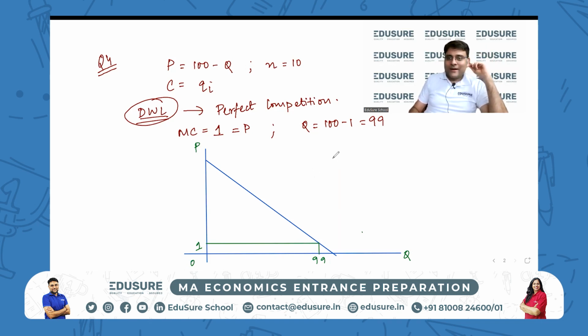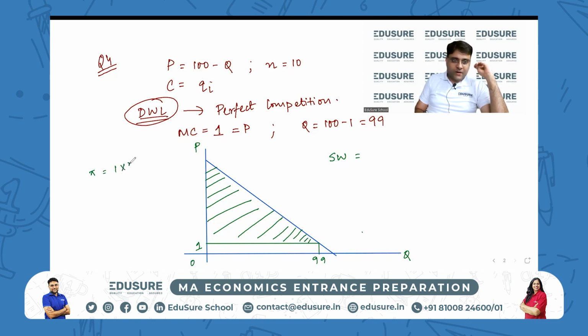So the entire social welfare is nothing but this shaded area, which is my consumer surplus. Because marginal cost is equal to the price. So the profit is equal to price multiplied by quantity minus the cost, which is the quantity itself. Profit is 0, which is also equal to the producer surplus. So social welfare is only equal to the consumer surplus.